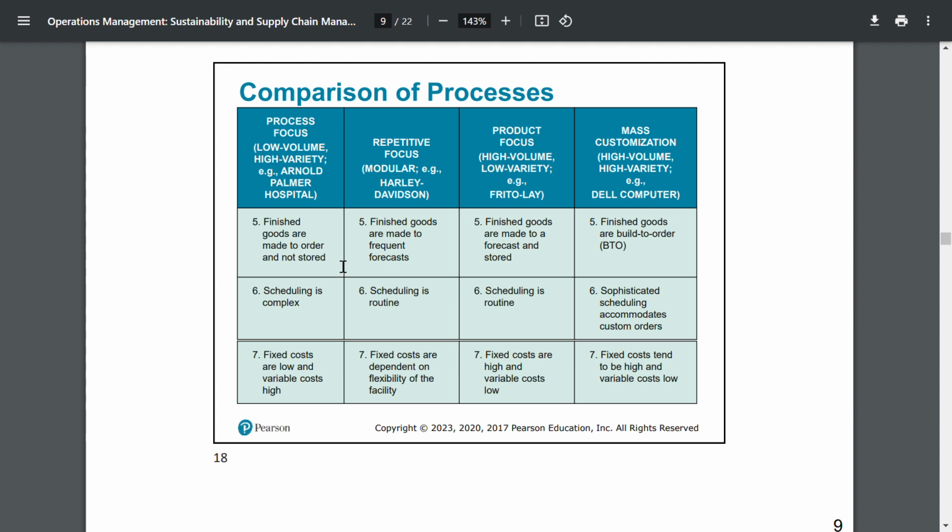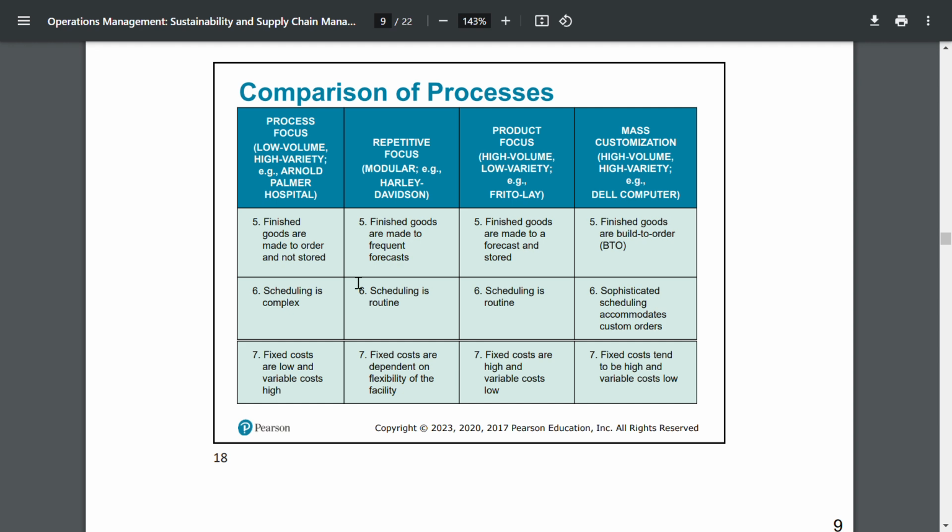And then we have for the repetitive focus, the finished goods are made to frequent forecasts. So if we have a forecast for a specific month or year, forecasting that we're going to need more products in the upcoming, for example, quarter or month, then we're going to basically produce finished goods to meet these forecasts.